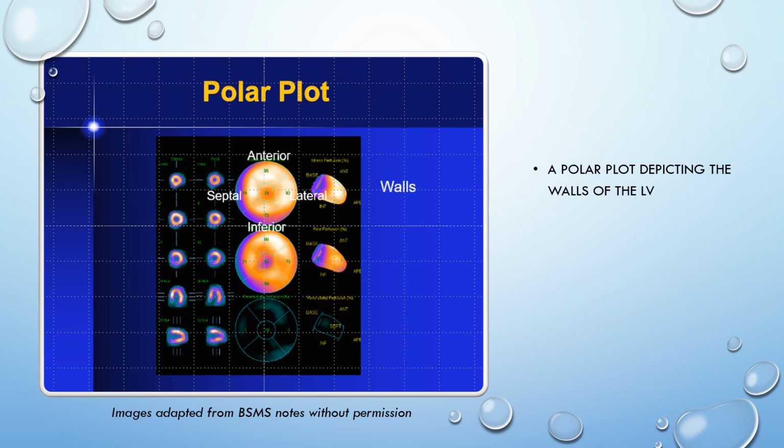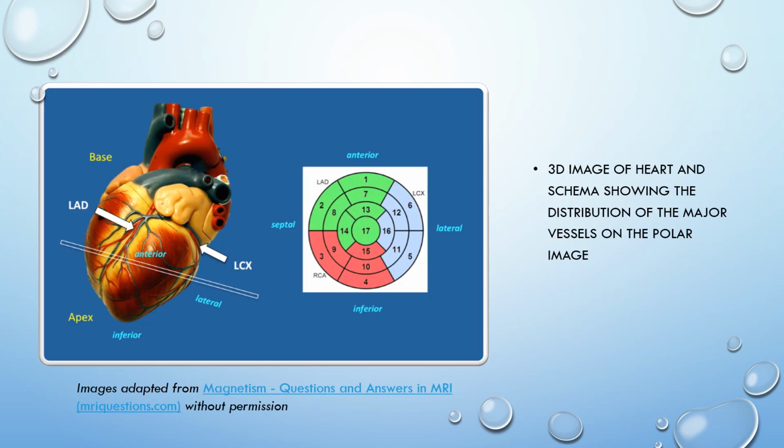This says about the same thing. It's just that the polar plots are coming out here, and we can see the superimposing of the segments onto the polar plots better here. This image shows us very kindly the blood supply as we go over the polar images.